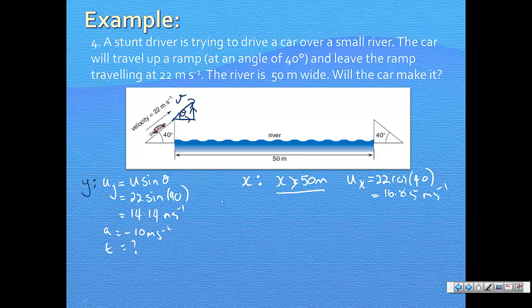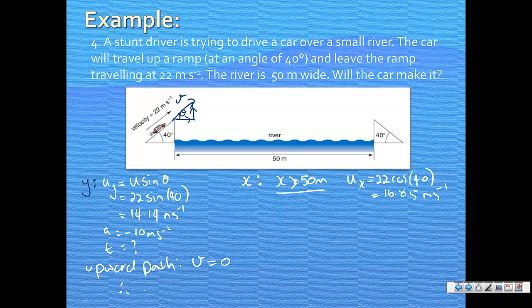If I want to find t, I've got a, I've got u. Some possible equations I could use here: if I consider only the top half of the journey, just the upward part of the journey, then at the top I know that the v is 0.